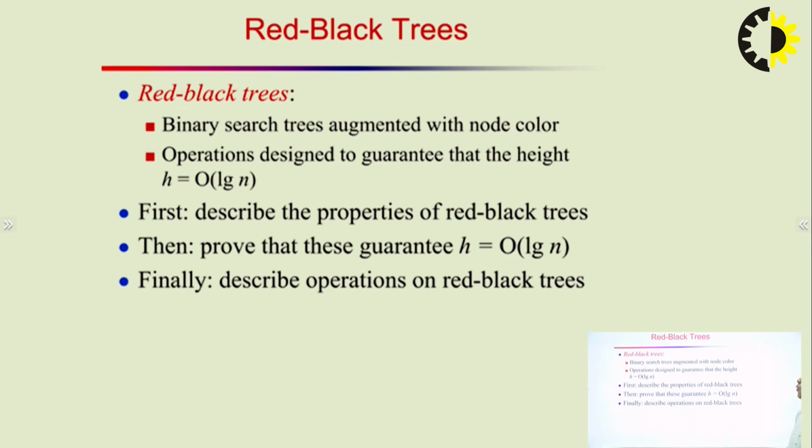Now, what are the RB tree properties? Actually, binary trees are augmented with node color, and the operations are designed to guarantee that the height is log n. An RB tree is guaranteed to give a balanced solution in a maximum of 2 rotations and the height is log n.